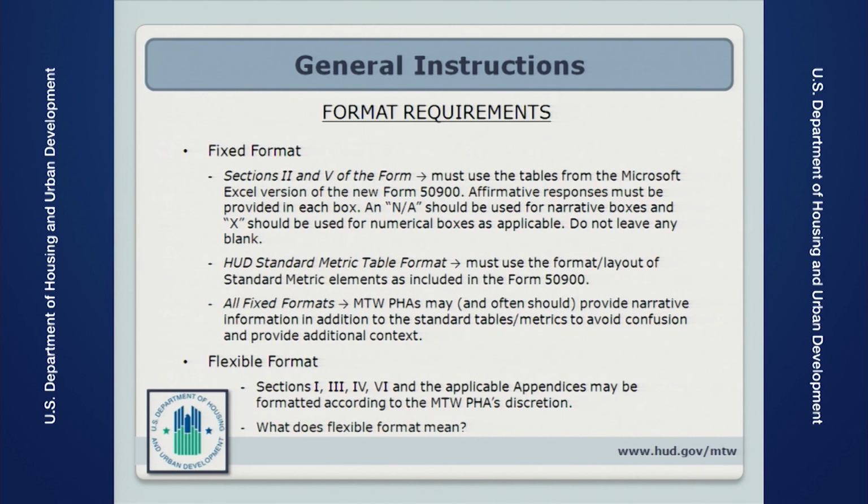The rest of the form is in the flexible format, so for sections 1, 3, 4, and 6, and any appendices that you may be providing, those may be formatted at the agency's discretion. But please make sure that you provide the information that's necessary and that it's clearly able to be found in the document.